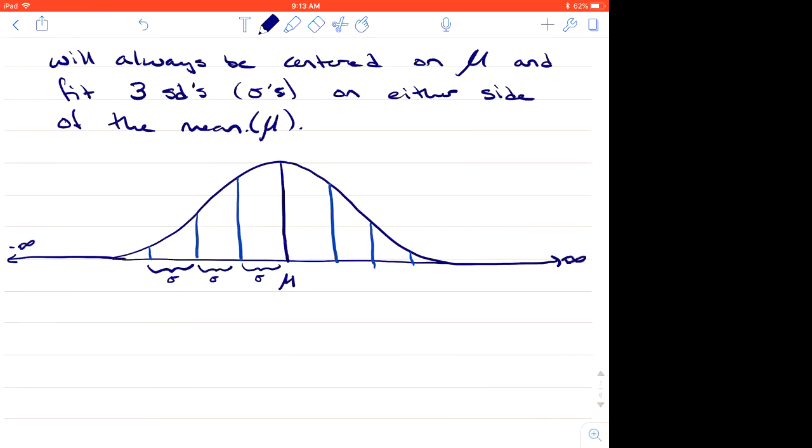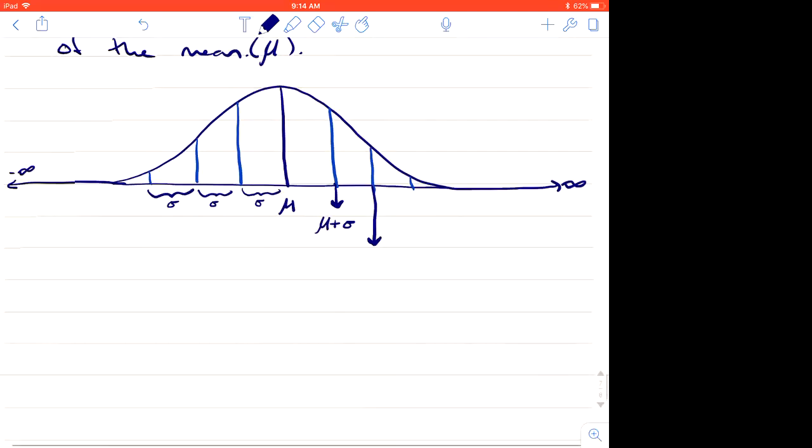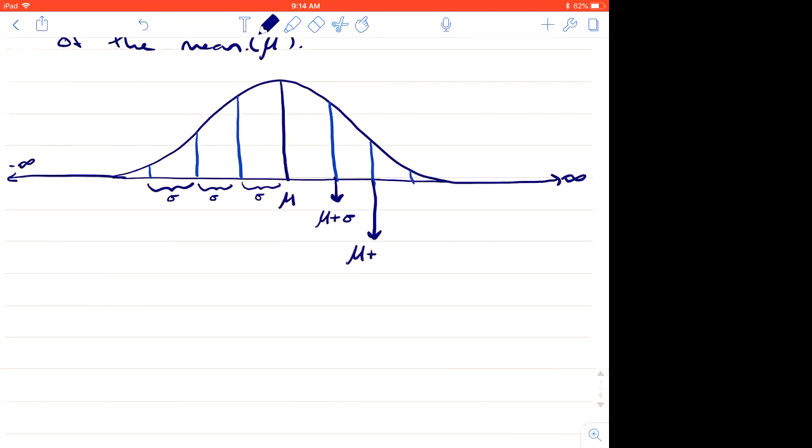Very, very small probabilities. I let the cat out of the bag, but the area under the curve is the probability. We'll talk more about that, but for now, from the mean, we can move out 3 standard deviations on either side, and then we've covered most of the curve. So at this point here, we've moved out to mu plus sigma. At this point, we've moved up to mu plus 2 sigma.